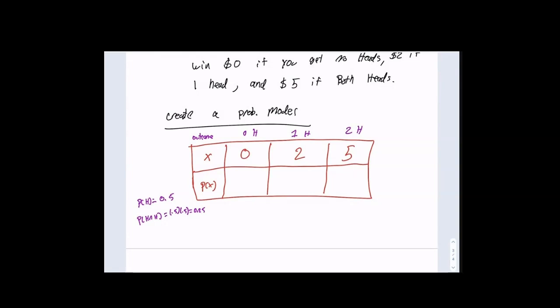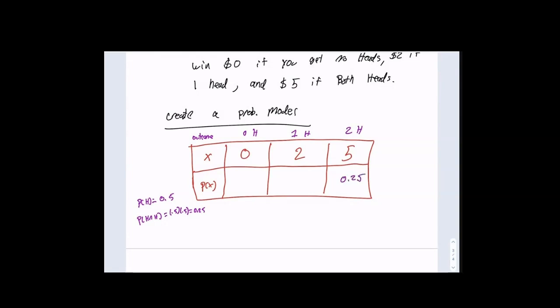No, the answer is no. There's no other way you can get 2 heads. The only way you can get 2 heads when you flip a coin twice is if you get heads on the first one and heads on the last one.